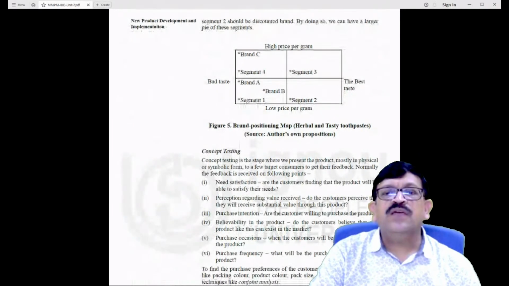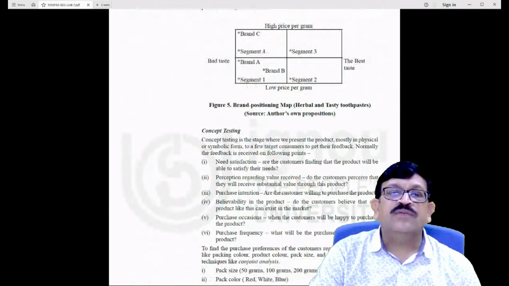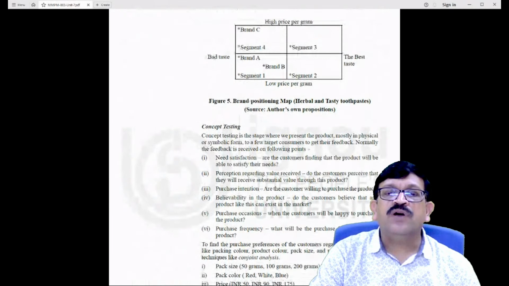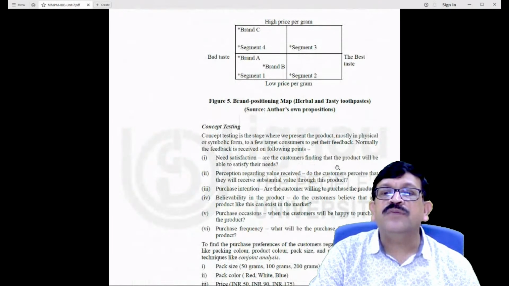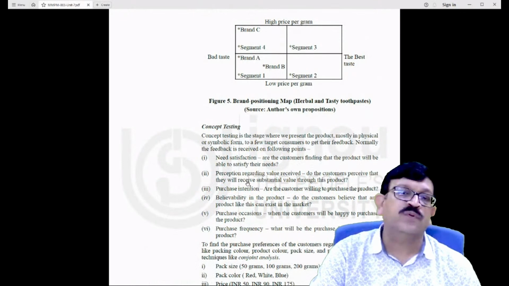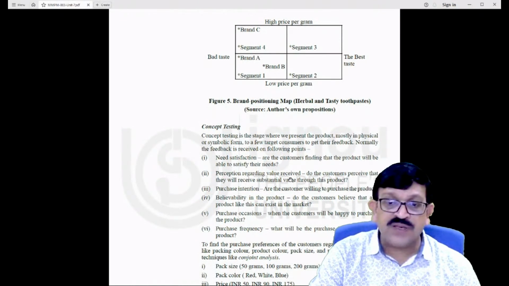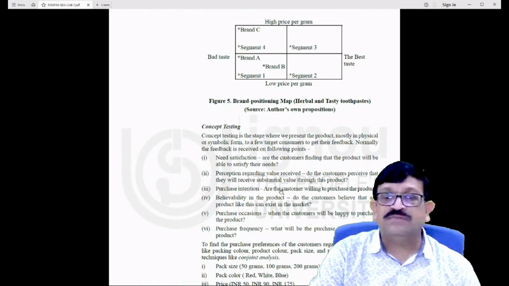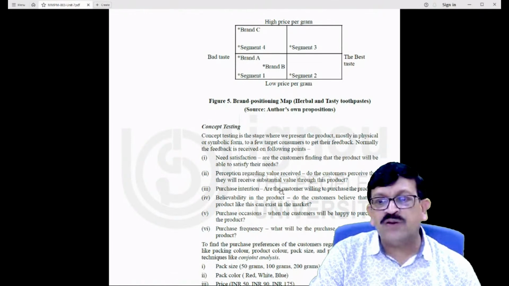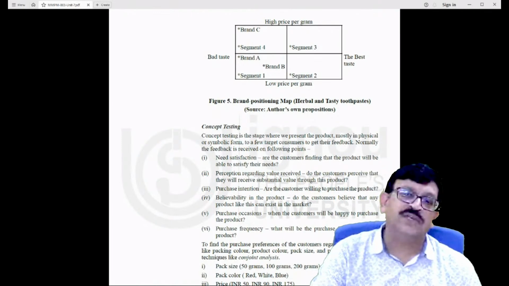Once that is done, we can also get into the concept testing. Now, when you talk about concept testing, you have to ask some of the following points. Are the customers finding that the product will satisfy their needs? Of course, need satisfaction is critical, the more bottom line kind of question, I would say. Then the perception regarding value received: is it a substantial value that they are getting, or is it not a major change from the existing scenario?